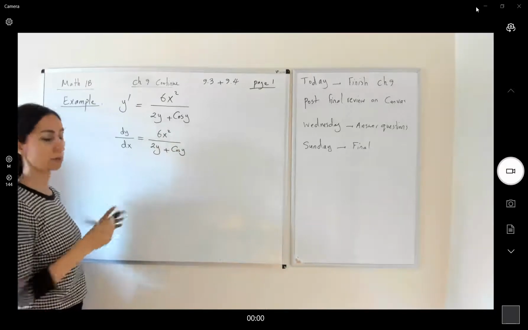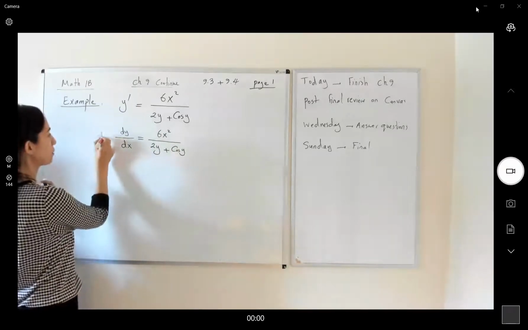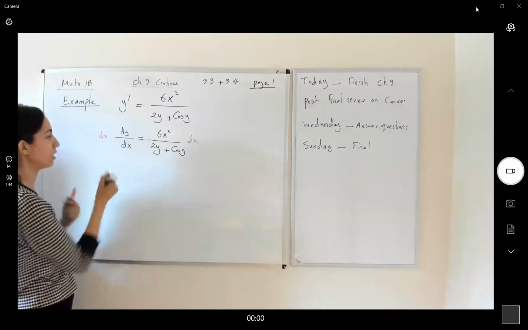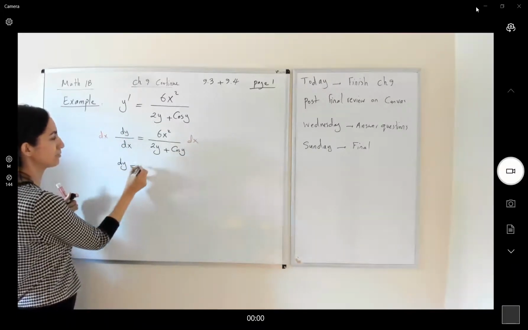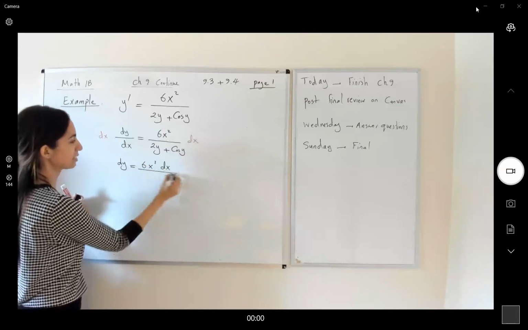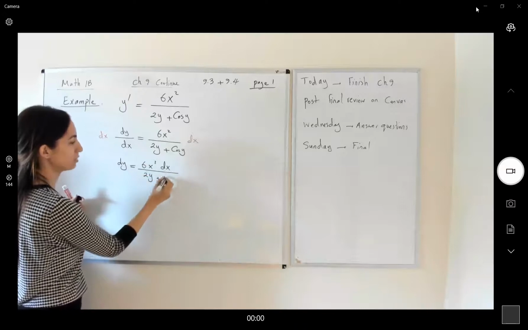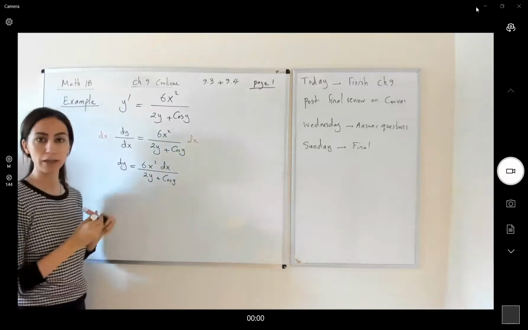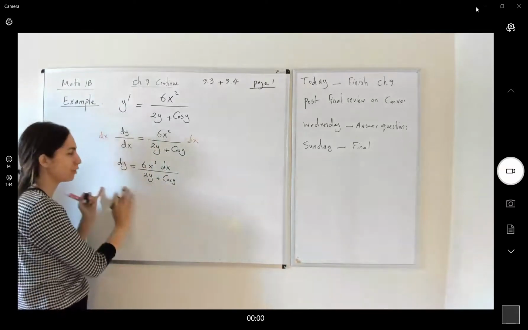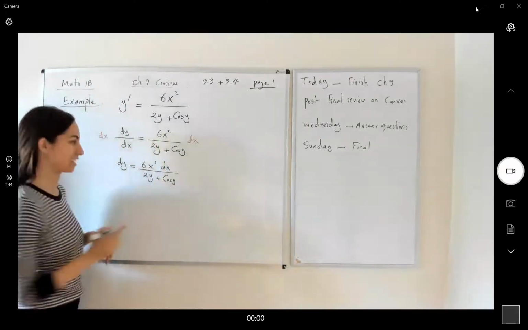Very well. What I'm going to do is multiply both sides by dx. My dy is equal to 6x squared dx divided by 2y plus cosine of y. Then I'm going to multiply everything by 2y plus cosine of y to write this on the left-hand side.